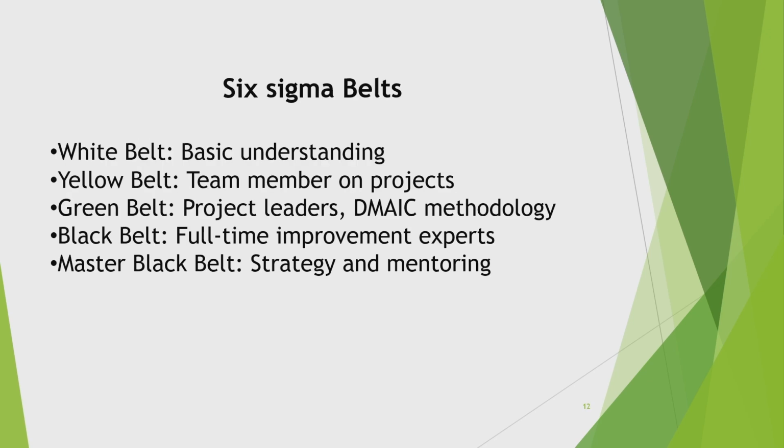Now, these are some mathematical things about Six Sigma, but let us talk about how management implements it on the shop floor. In order to enthuse management people, the Six Sigma methodology contains these types of belts. We compare it with martial arts.